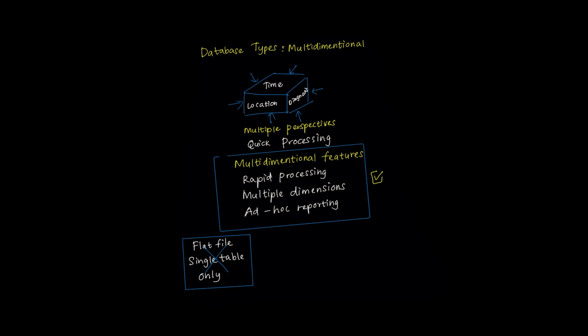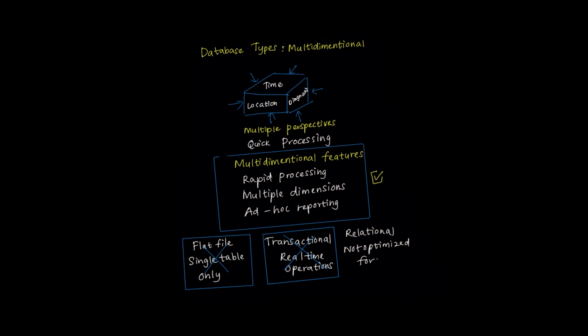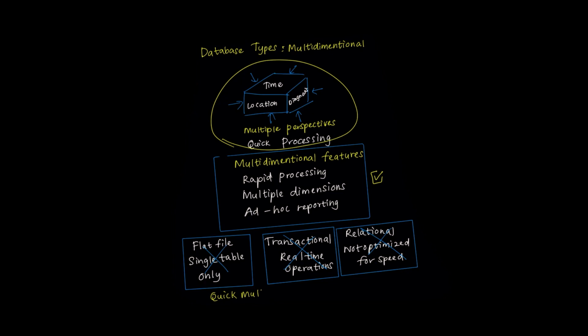Transactional databases handle real-time operational tasks with rollback capability, not complex analytical processing. While relational databases can handle multiple tables well, they lack the specific optimization for rapid multidimensional processing that makes these queries fast and flexible. Multidimensional databases are essential for business intelligence and strategic planning in modern healthcare organizations.